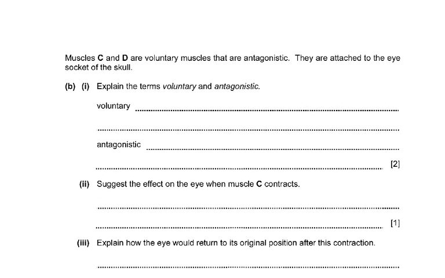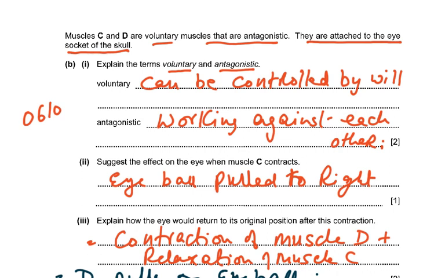Then we come on to muscles C and D, which are voluntary muscles that are antagonistic. They are attached to the eye socket of the skull. Explain the terms voluntary and antagonistic. Voluntary means can be controlled by will, and antagonistic means opposing or working against each other. This is a little of the 0610 syllabus.